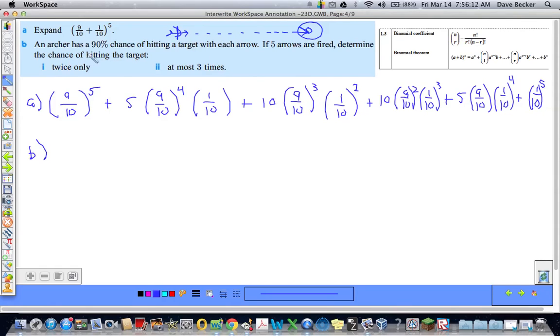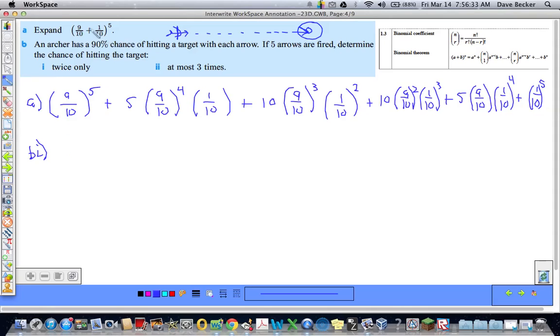So this archer has a 90% chance of hitting the target. If 5 arrows are fired, determine the chance of hitting the target twice only, and at most 3 times.